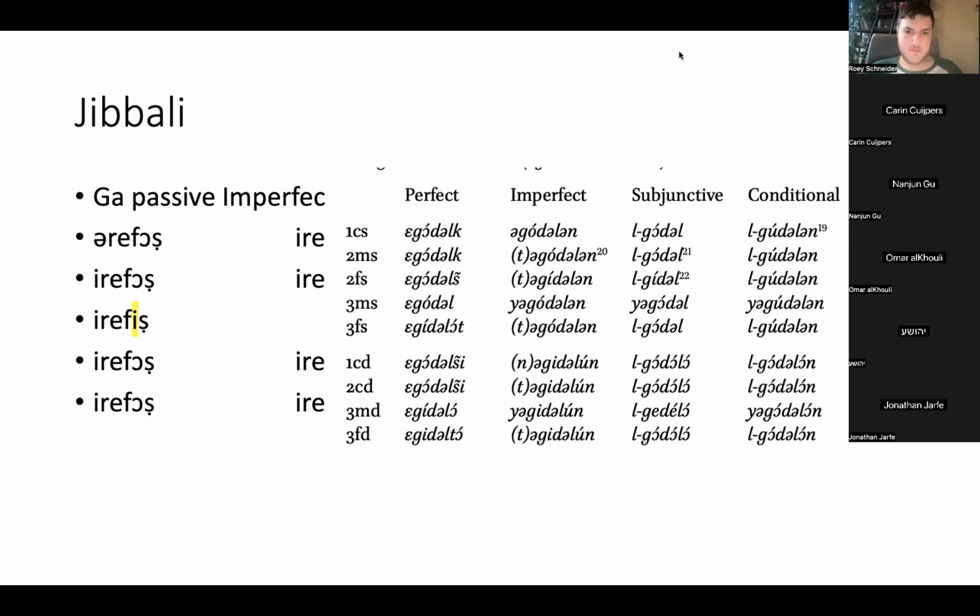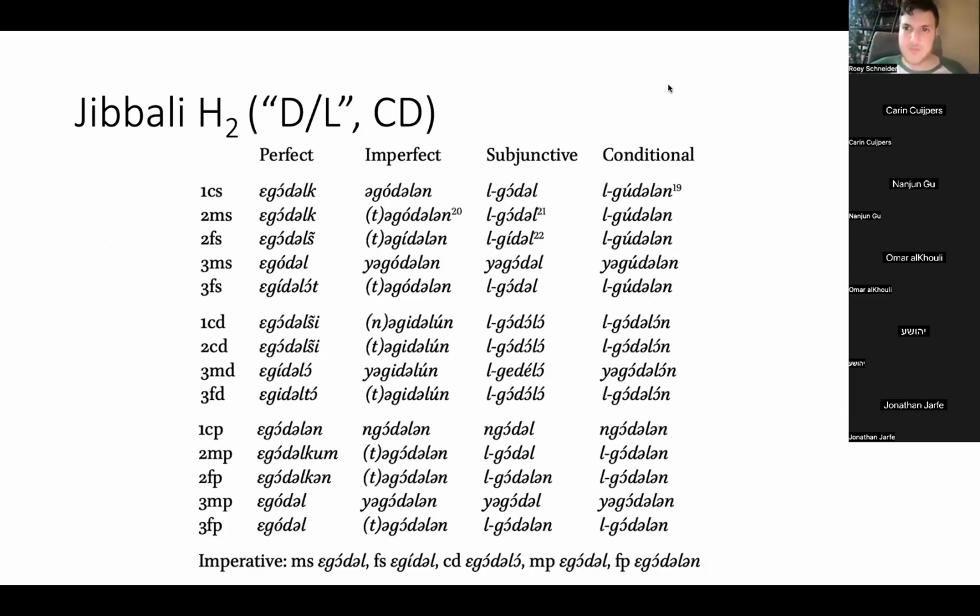Now, this is the H2 stem, called by some scholars the DL stem, but I think it is more akin to a shin D or causative D stem because of the prefix.